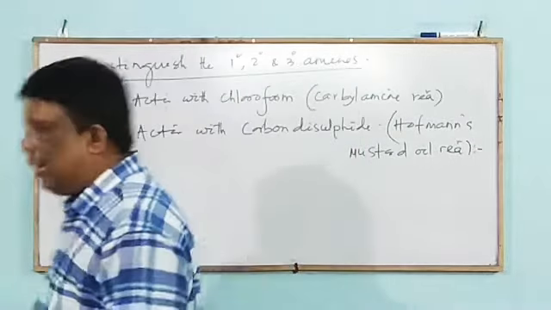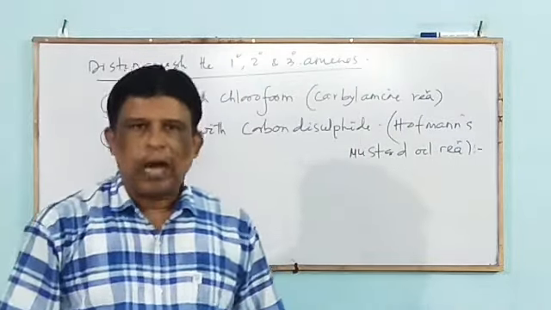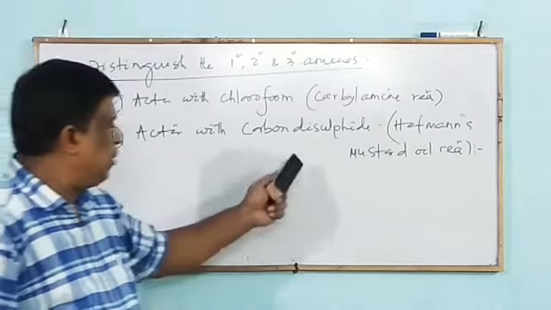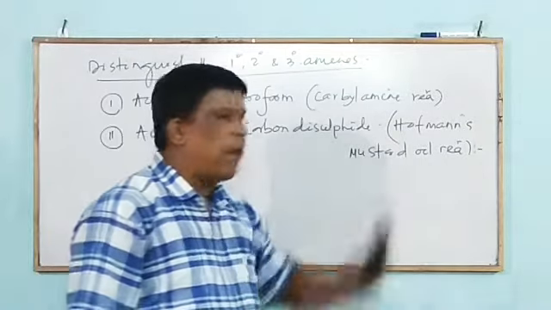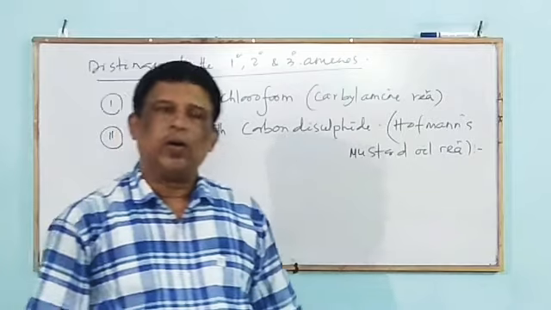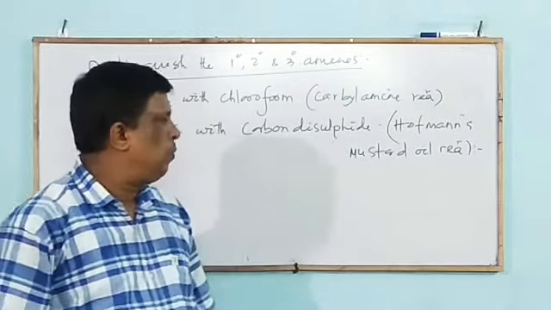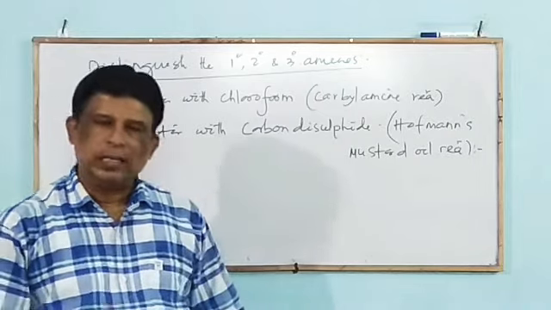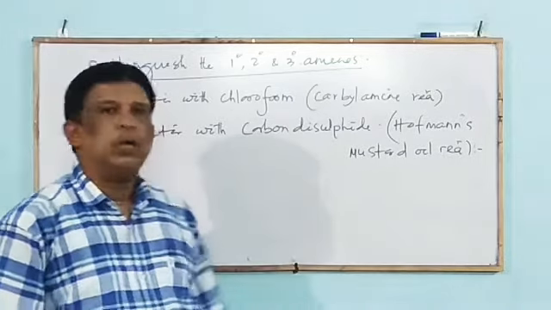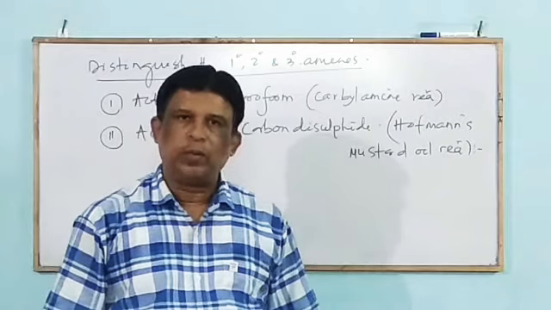Mark that. It is also an important reaction to identify 1 degree amine, because only 1 degree amine forms a final product, a compound having a mustard oil smell. That's why it is known as the Hofmann mustard oil reaction. It is an important method to identify 1 degree amine from the others.